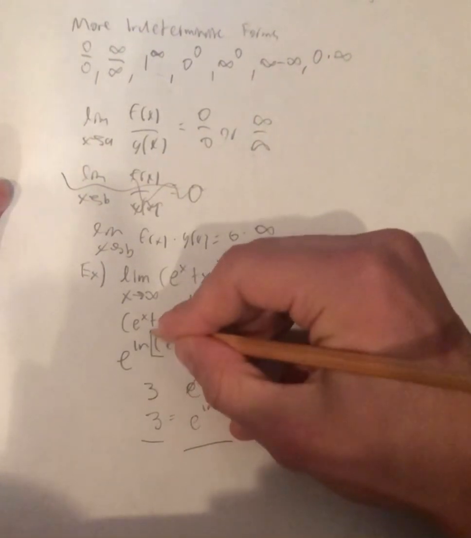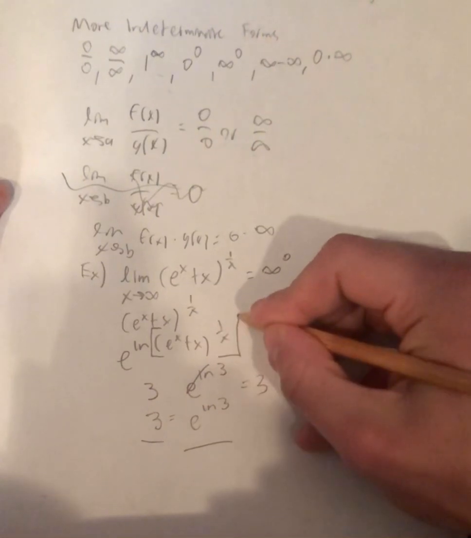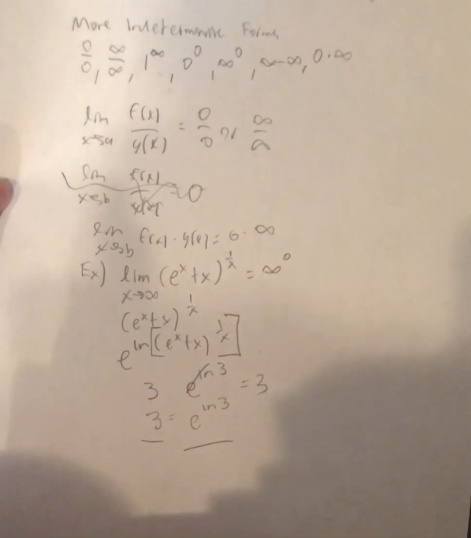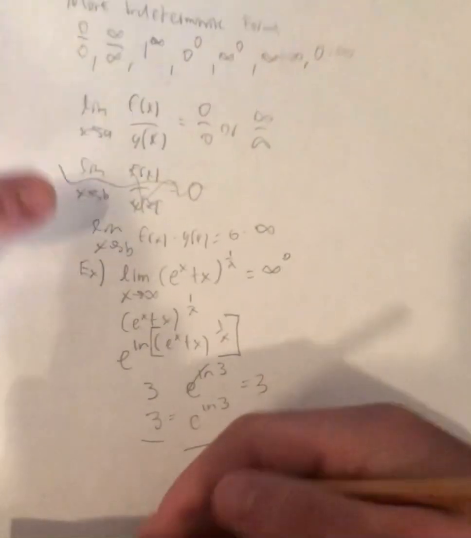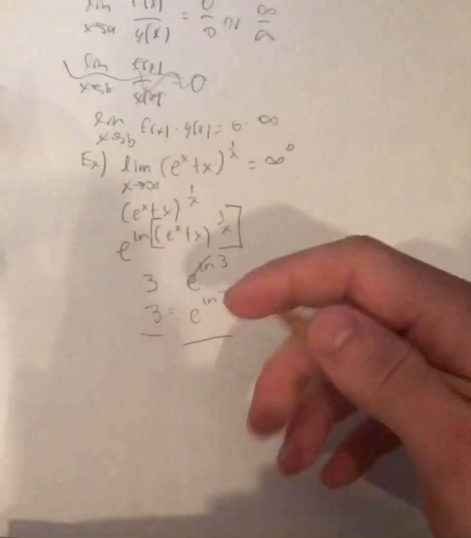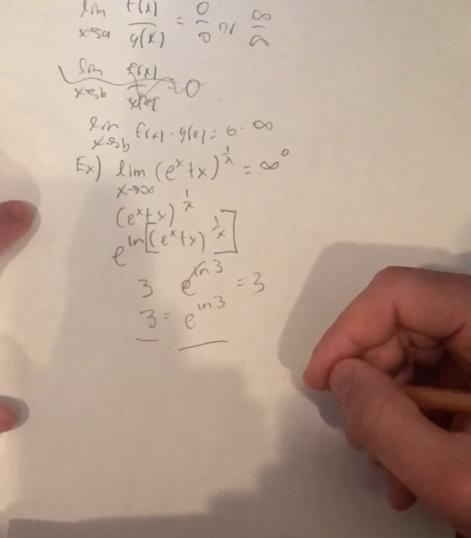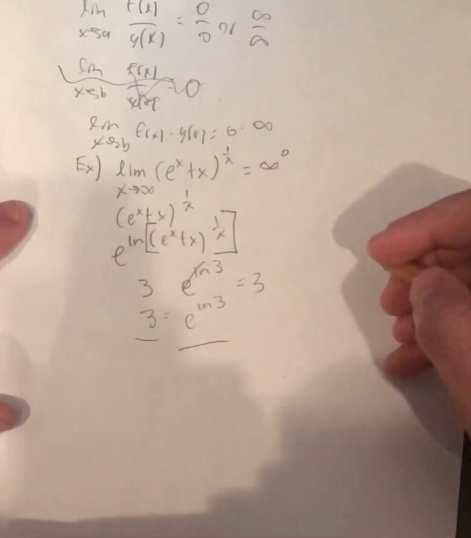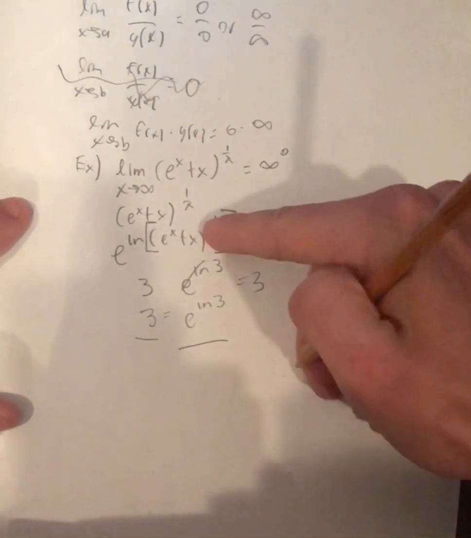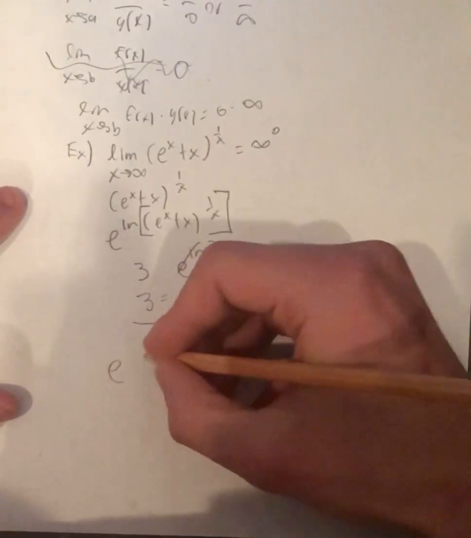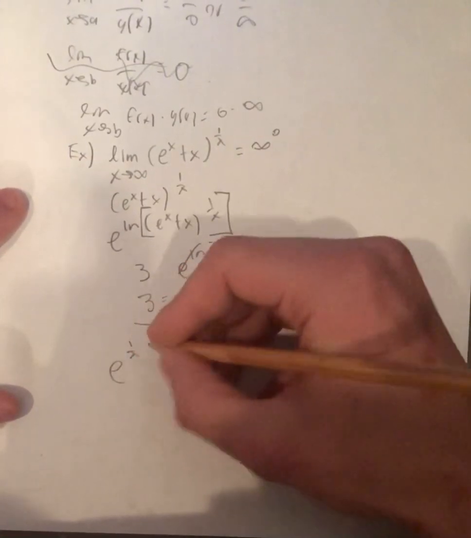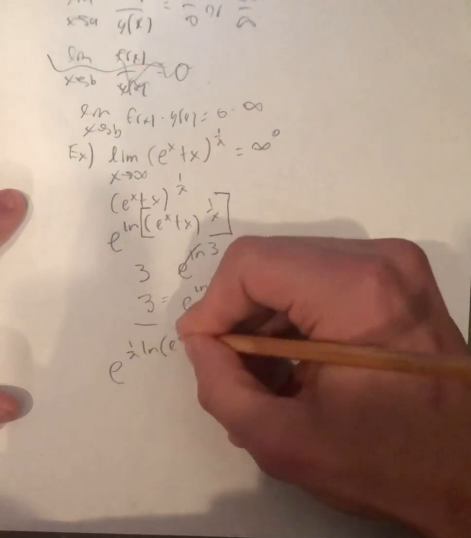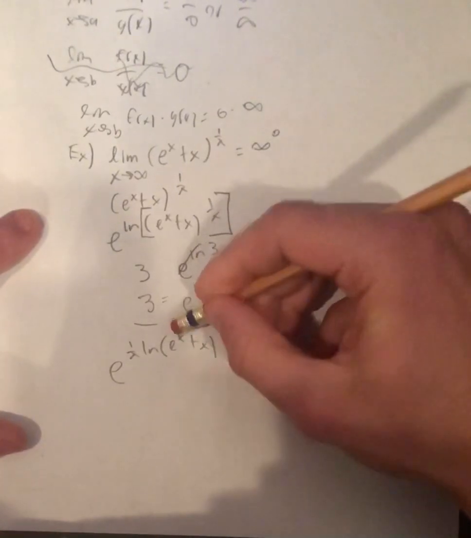Okay, so that's all fine and dandy. So now, because this is a natural log, we can move the exponent out front. We can say this is e to the 1 over x, ln, e to the x plus x.